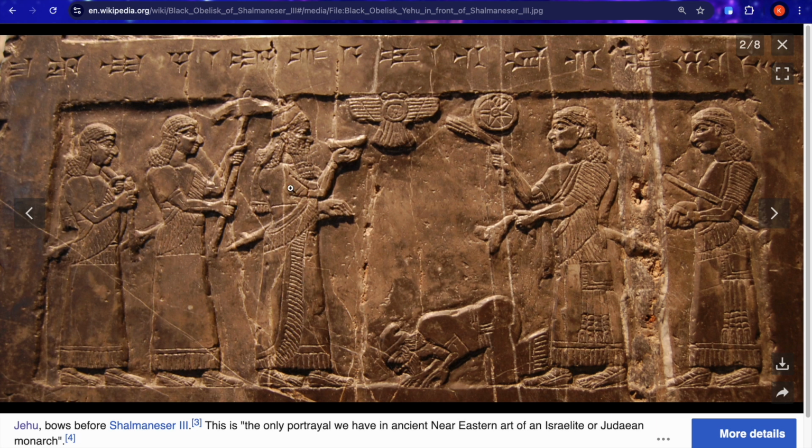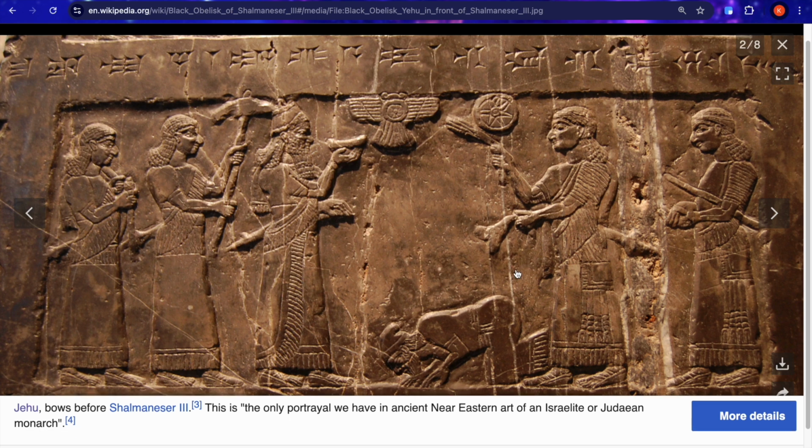So I'm going to click on this and you can take a look. Here you have servants, these look like servants. And then here you have an individual with what look like fringes at the border of the garment. This individual is bowing or paying obeisance to this individual here. So it would look like this is Shalmaneser III, and this would be Jehu, and so on.